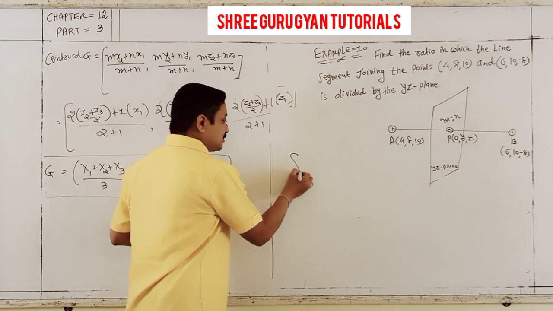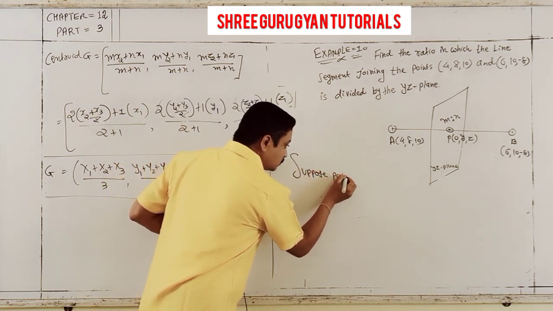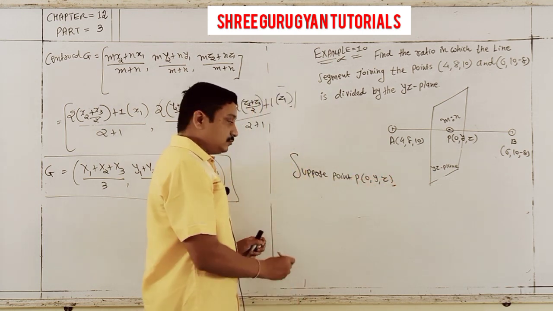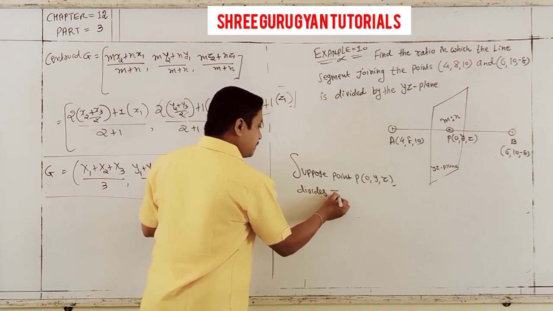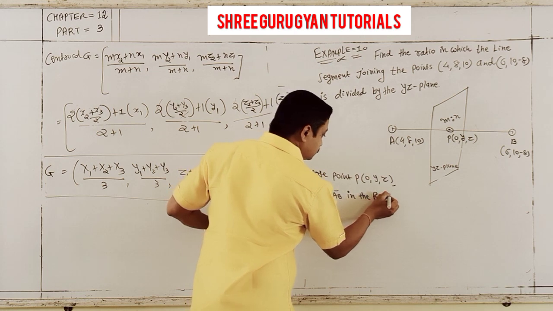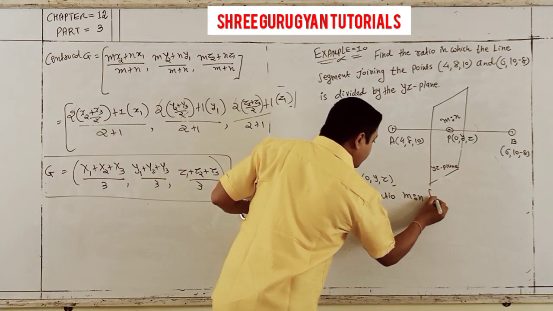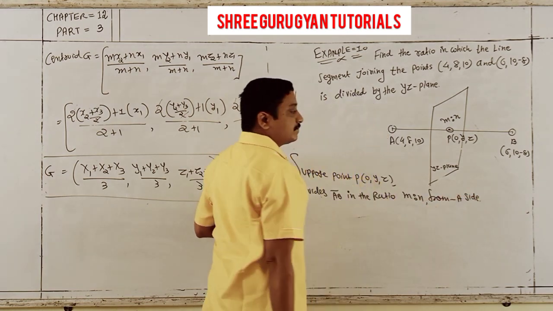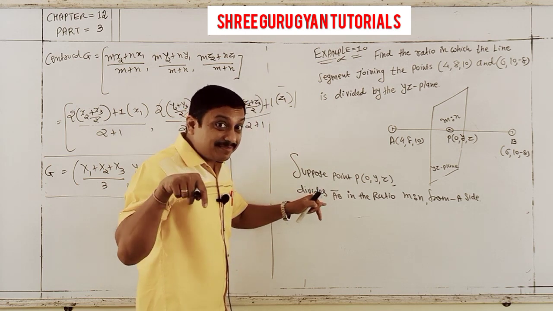So suppose point P(0, y, z) divides AB in the ratio m:n from the A side. I just consider that it is m:n and (0, y, z) because it is on the plane YZ.